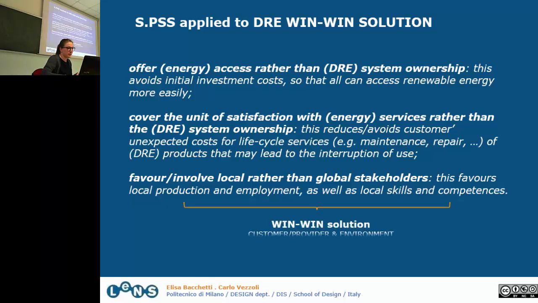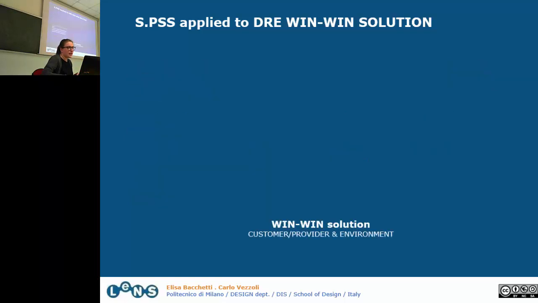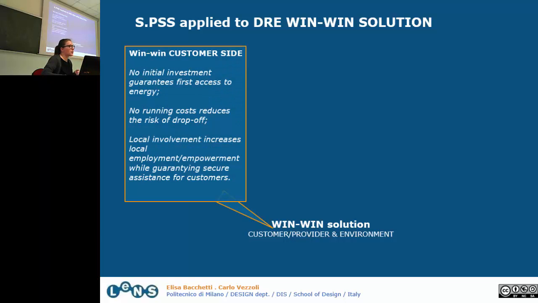This is true especially for the customer, because if a person accesses an S.PSS applied to DRE solution, there is no initial investment, but first access to energy is guaranteed. The running cost reduces the risk of drop-off, because if I have this solar panel, they are giving me the access to the solar panel, but I don't have to buy it. I just pay a fixed cost every time.